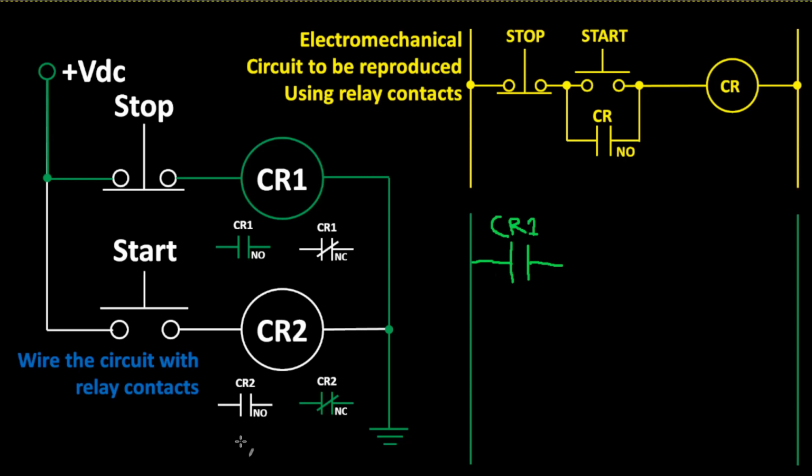The normally closed contacts are closed. I need the start switch or the start contact to be open. And therefore, I can wire the normally open contacts from CR2. So I will wire the normally open contacts of CR2.